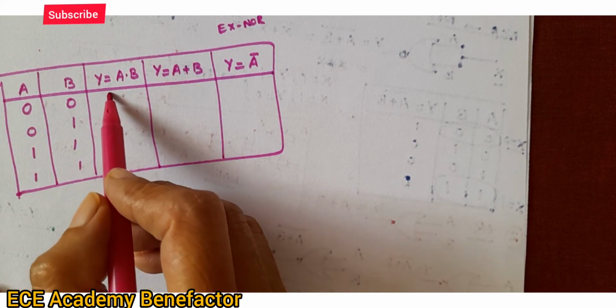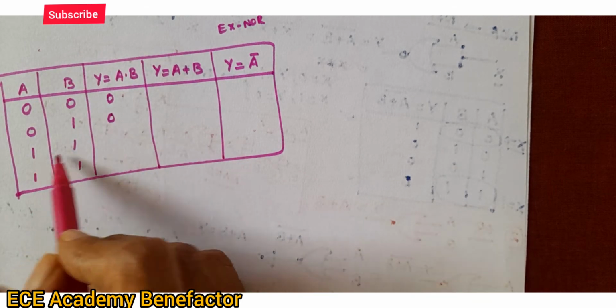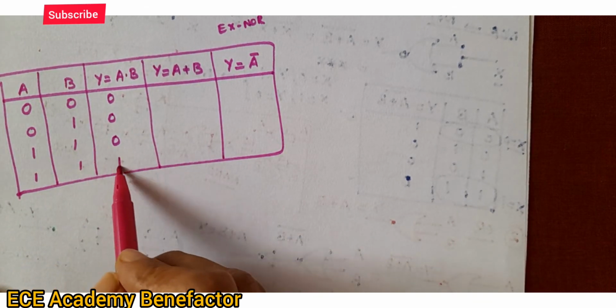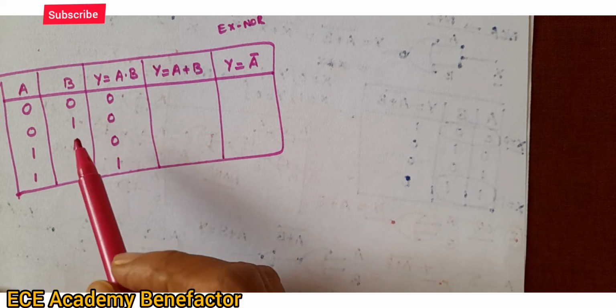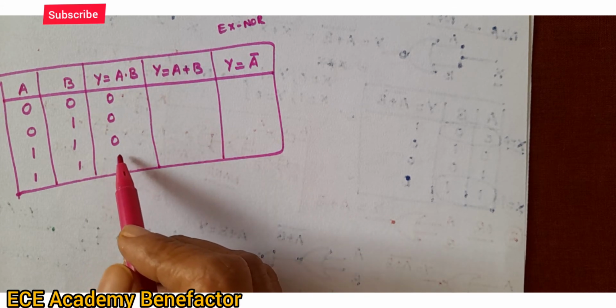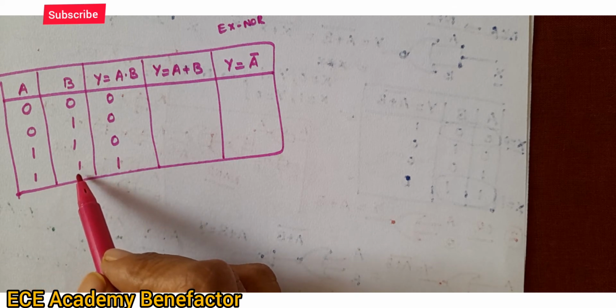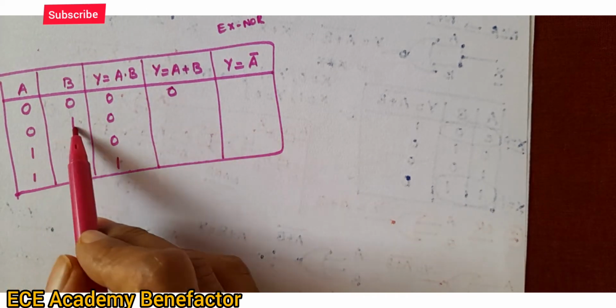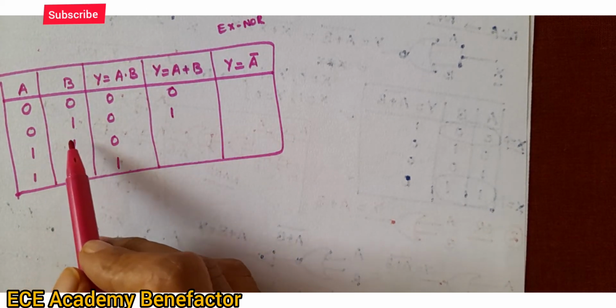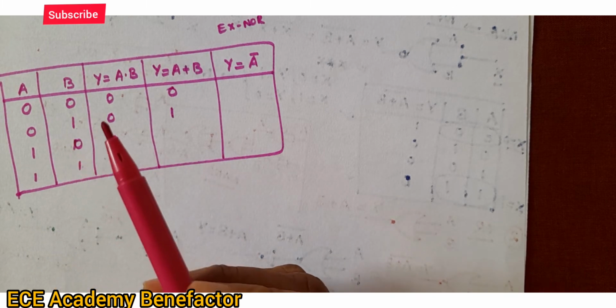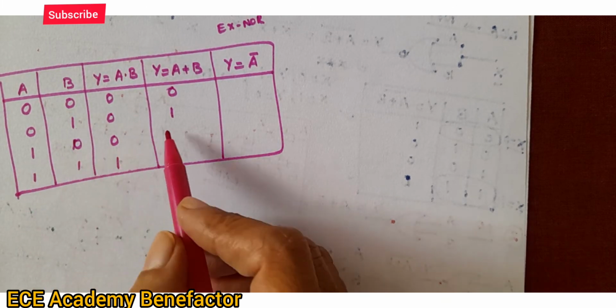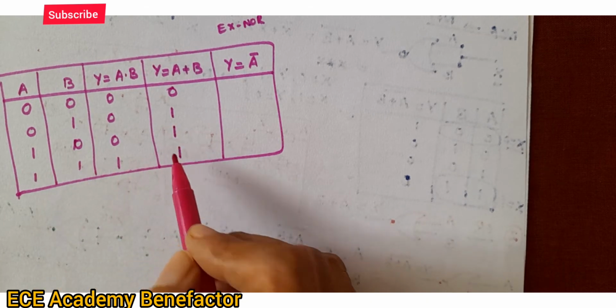If both inputs are 0 0, the AND gate output is 0; the outputs are 0, 0, 0, 1. Putting it in words, the output of the AND gate is high only when all the inputs are high. Coming to the OR gate, 0 plus 0 is 0, 0 plus 1 is 1, 1 plus 0 is 1, 1 plus 1 is 1.